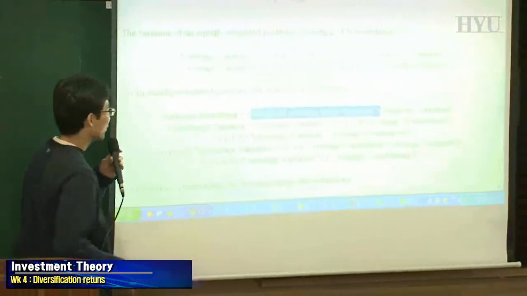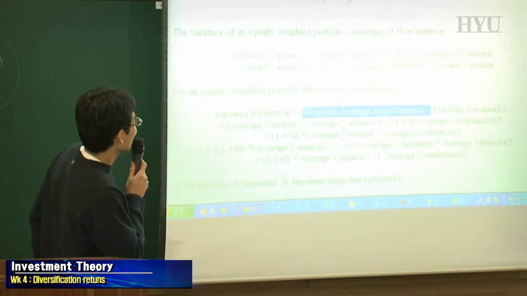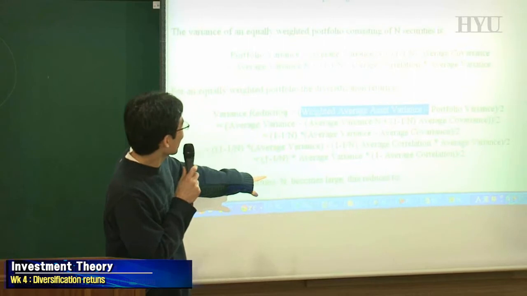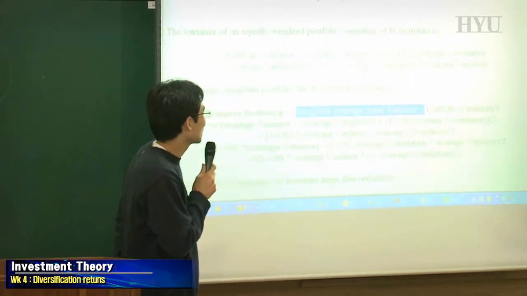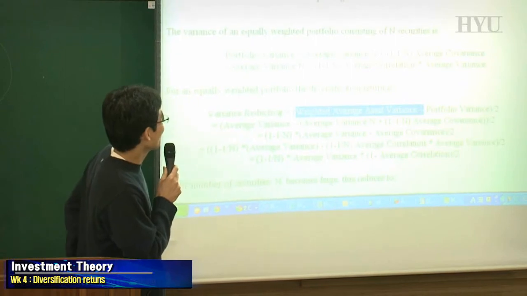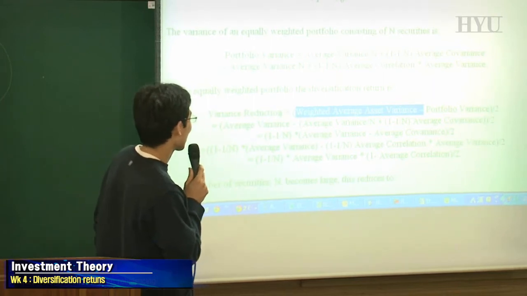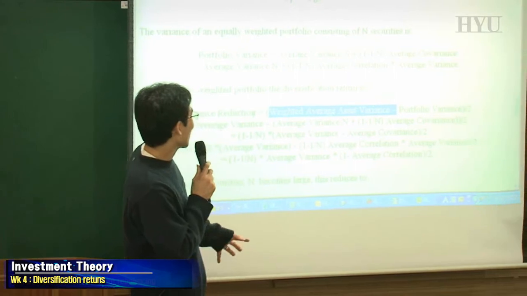And the weighted average asset variance is the average asset variance, minus the portfolio variance. We can plug this equation in here. The portfolio variance is simply average variance divided by n plus 1 minus 1 over n times average covariance. Okay? And then we can rewrite this.